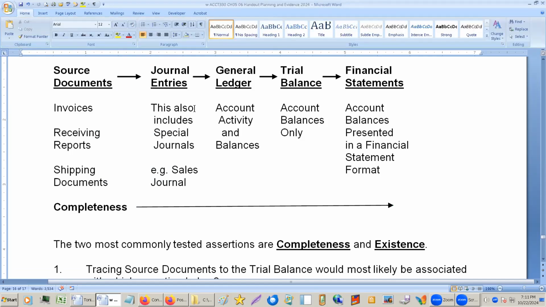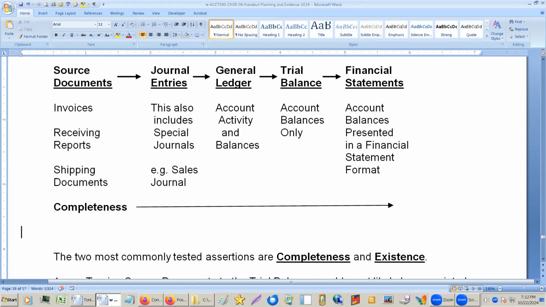Do they have all the invoices included in the financial statements? You test from the invoice to the journal entries, general ledger, and so on. You get the idea. So you want to say that everything is complete, everything is recorded, everything is in the financial statements. You're also going to do testing the other way.